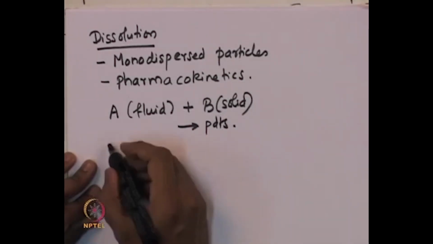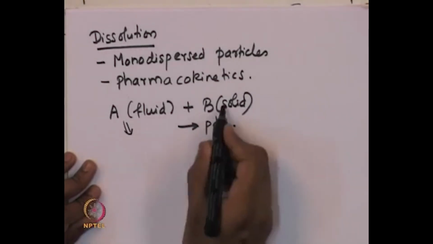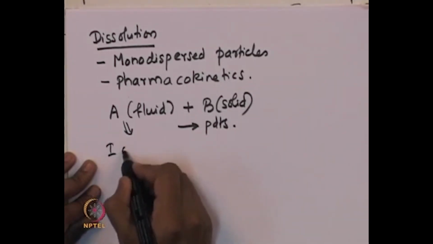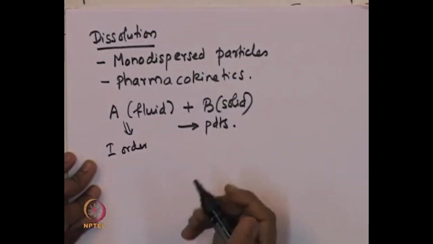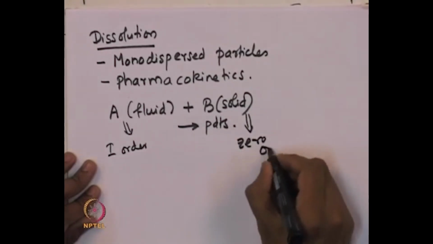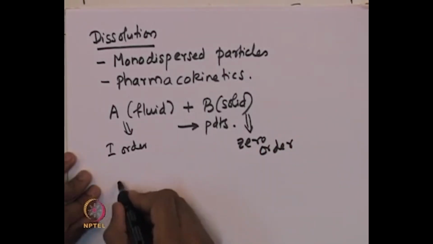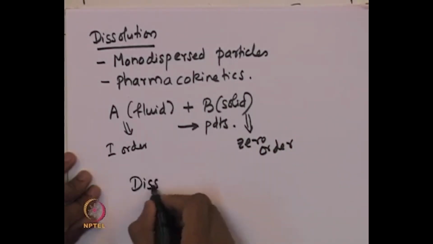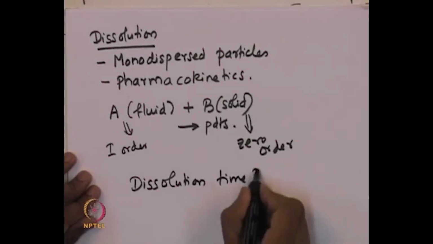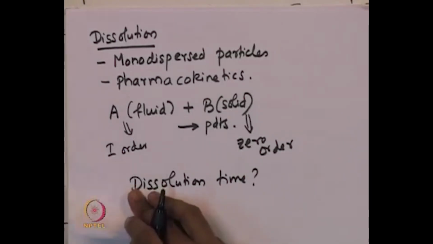If we assume that the fluid A reacts with the core which contains the solid material, and that the reaction rate is first order with respect to the fluid and zero order with respect to the solid which is present, then the question is what is the dissolution time. The objective of the problem is to find the time that is taken for dissolution of these particles.